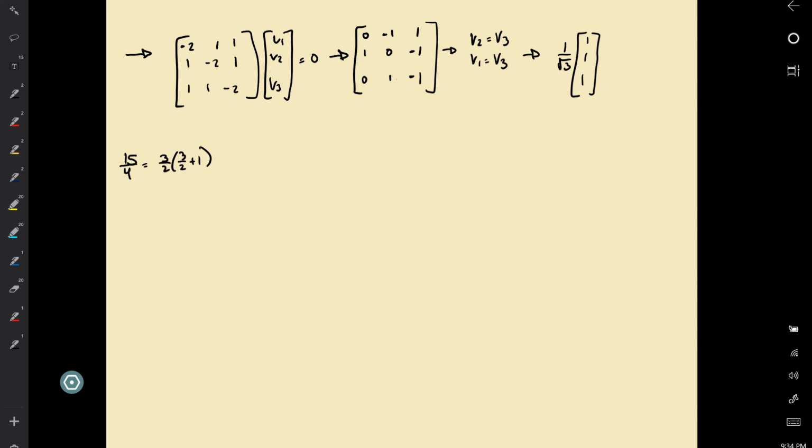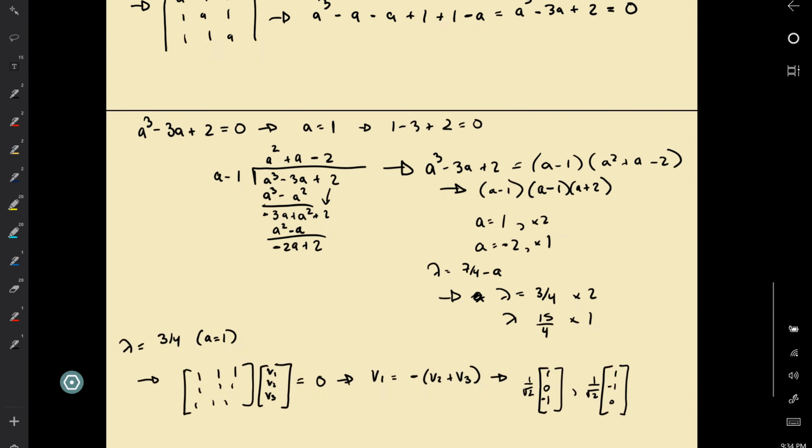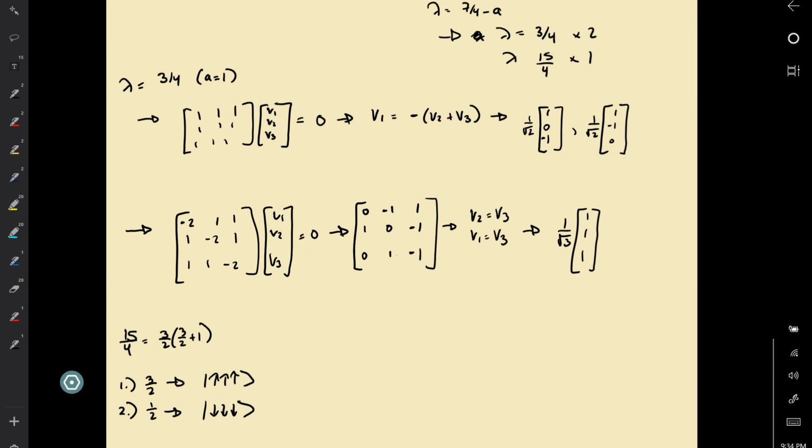So one eigenvalue is 3/2, and that eigenvector is just a simple up, up, up. That is an eigenvector. The last one, it was down, and let's write this. I might not be writing these in the best order, but we're going to have a 1/2, and that was down, down, down. So there's 2 out of 8. And then the last 6 we just solved for.